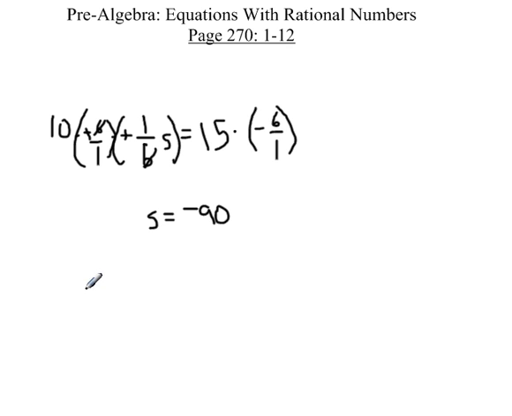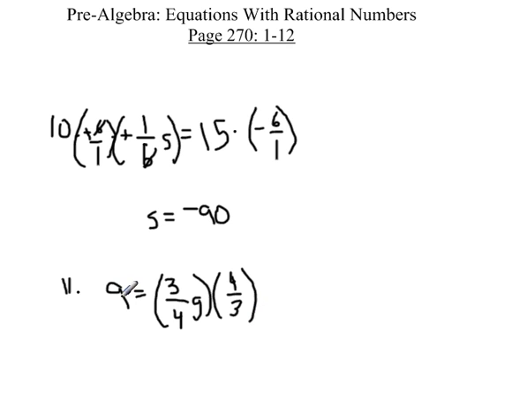Number 11 and 12 are very similar to that. Let's look at 11. I'll let you do 12 on your own. Number 11 is 9 equals 3/4 g. You're going to do the same process on these. You're going to multiply by the reciprocal of the fraction in front of your variable. And there's your step that you take. Here's what I mean by that. You're going to multiply by 4 over 3 on both sides.